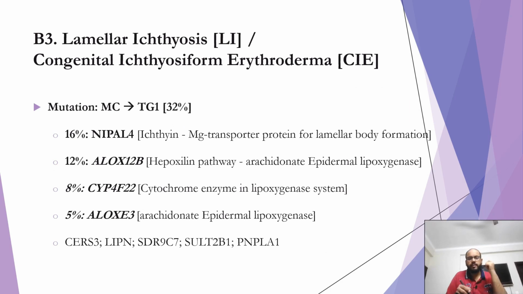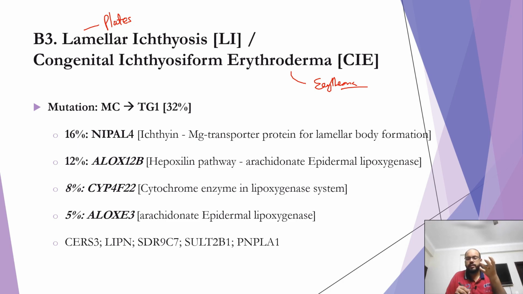So in the previous slide, we discussed that lamellar ichthyosis means more of plates and scales in manifestation, while in congenital ichthyosiform erythroderma, you will have more erythema or erythroderma or background redness. Now, there is a slight erythema in the lamellar type, and there is slight scaling in the CIE type.